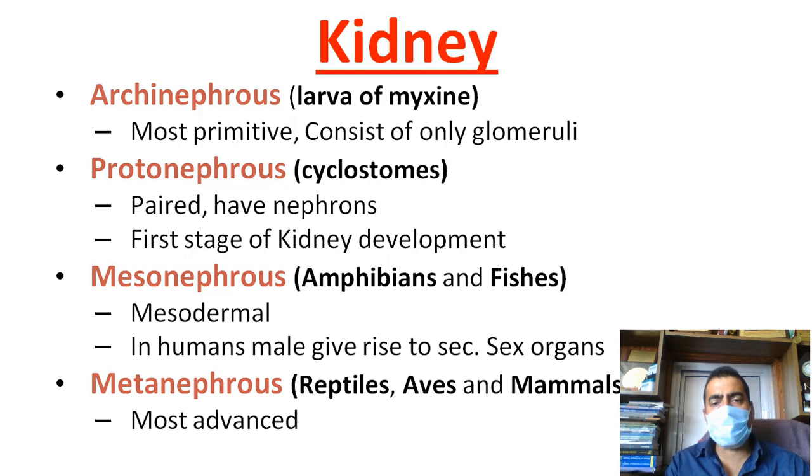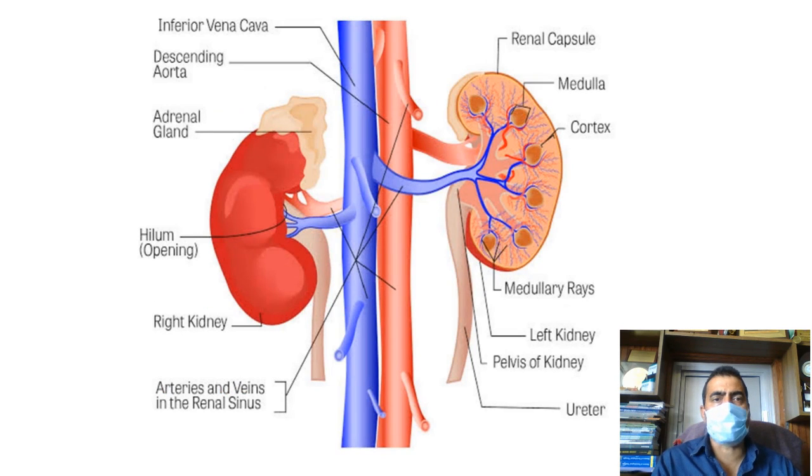But if we compare them, in mammals the loop of Henle is highly developed. In aves the loop of Henle is present but not fully developed, whereas in reptiles it is absent. The loop of Henle helps in the reabsorption of some solutes and some water.